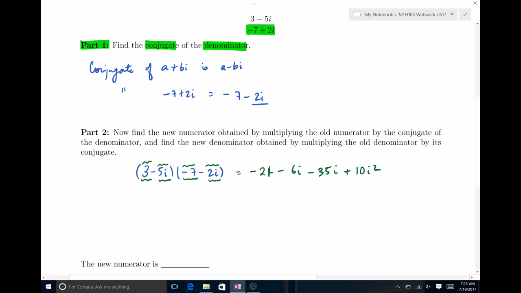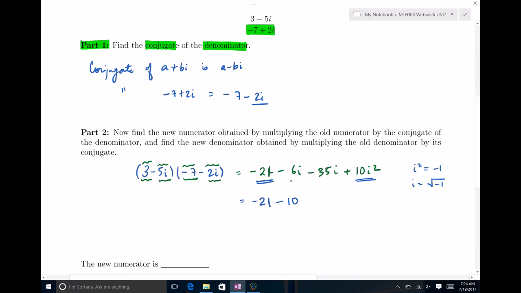Now, simplifying these terms, negative 21, well, it looks like it's by itself, but if you look at the term 10i squared, i squared is nothing but negative 1, because the definition of i is the square root of negative 1. So 10i squared is nothing but negative 10, since i squared is negative 1.